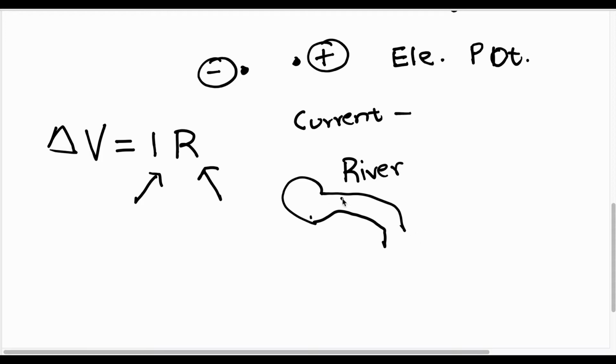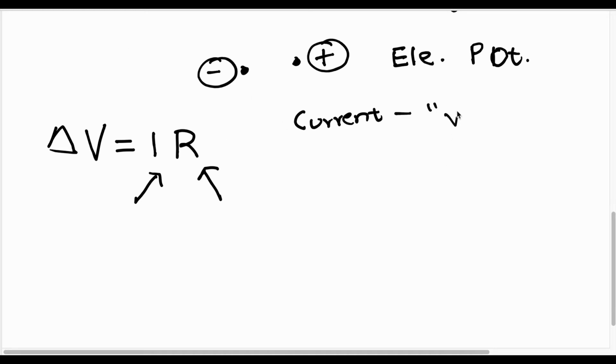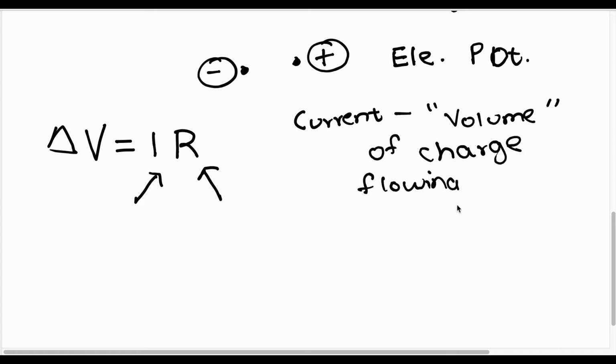River, and current is just the volume of water flowing in the river. So similarly, current in electricity is simply just the volume of charge flowing through the circuit.